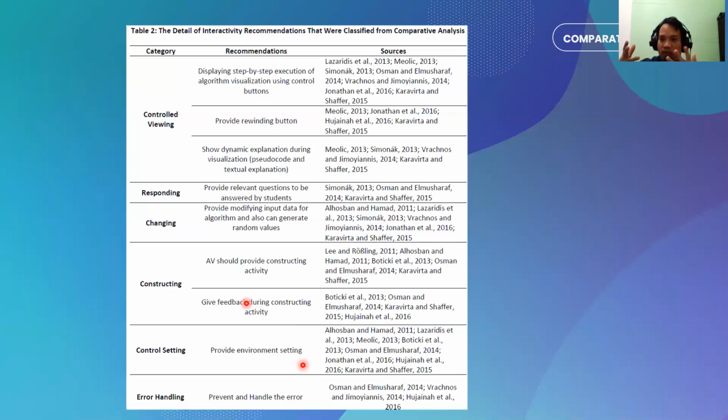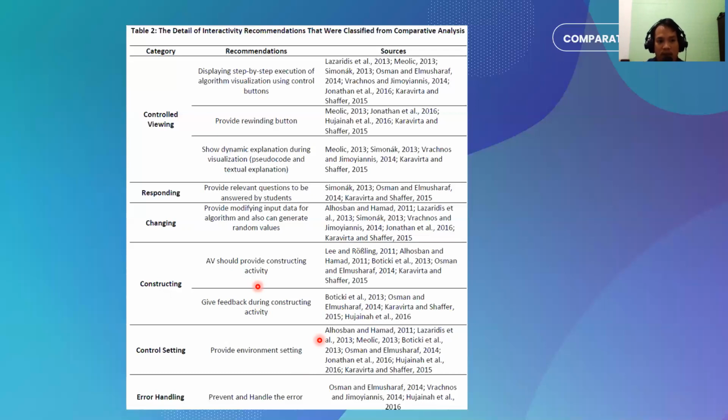So we present different types of visualization. This is how we provide environment settings. Maybe we can also change the background if you don't like this one, so it's more interesting, more appealing, because it's adaptive to the user's needs or desires.